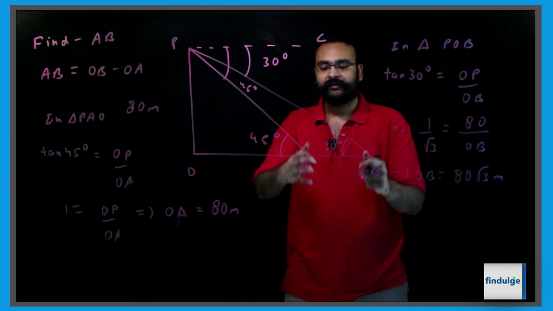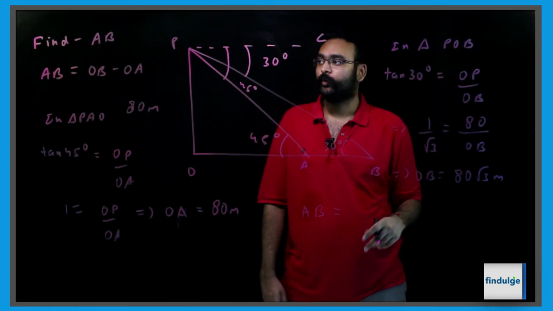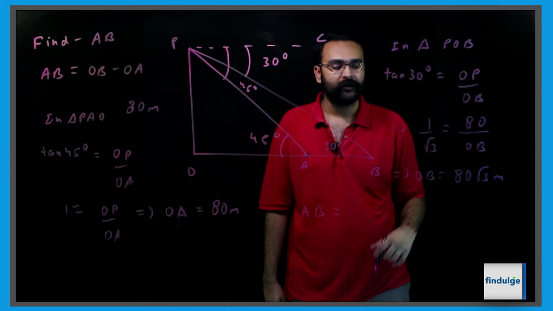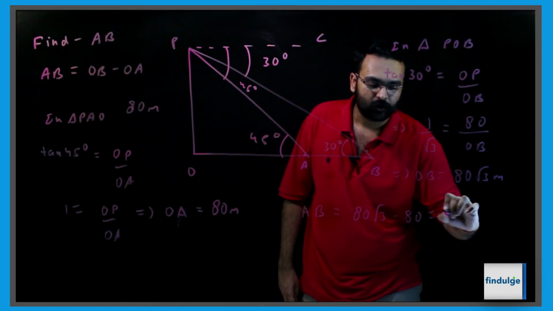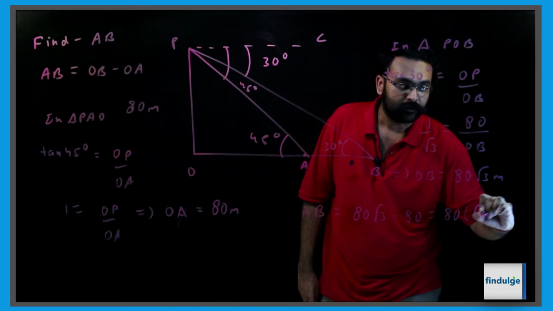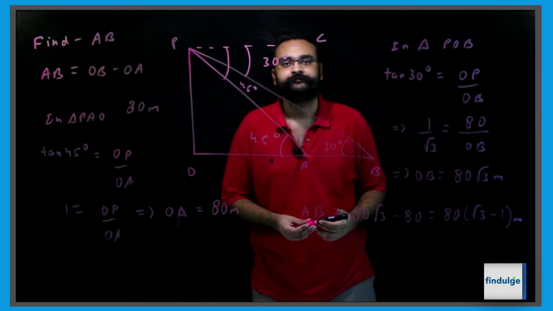And so finally, the distance between the ships AB is equal to OB minus OA, which is 80 root 3 minus 80, or 80 into root 3 minus 1 meters.